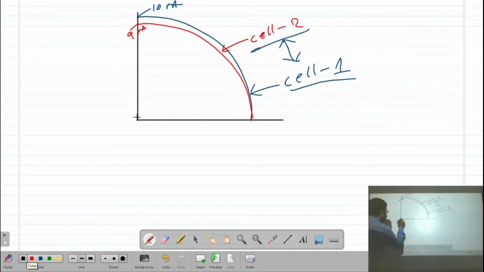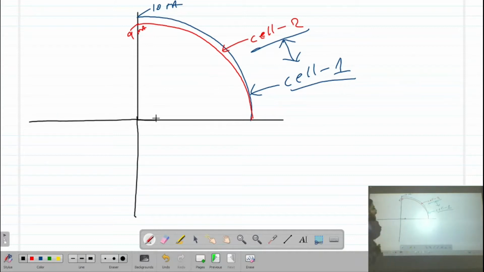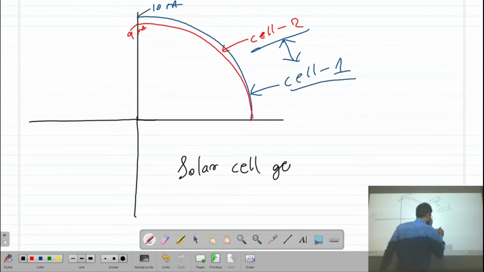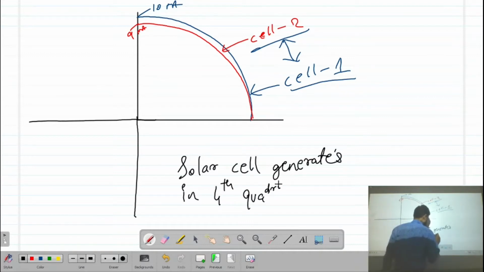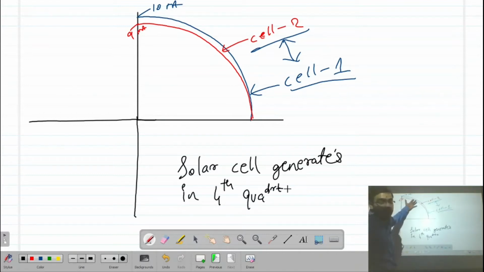Now, as we know, this is the replica of the fourth quadrant. Actually, solar cell works in the fourth quadrant. Solar cell generates in the fourth quadrant, but this is the replica of the fourth quadrant for our simplification.